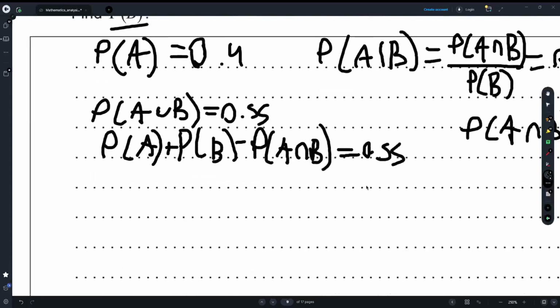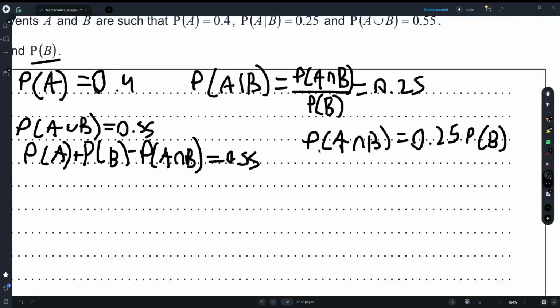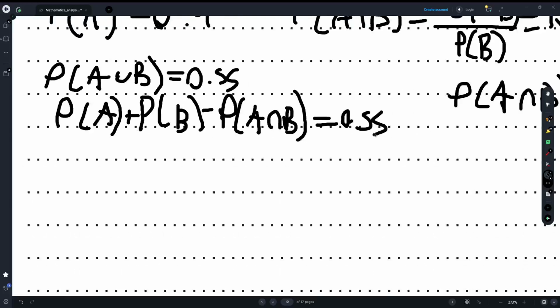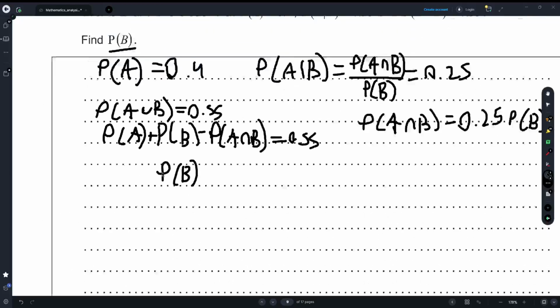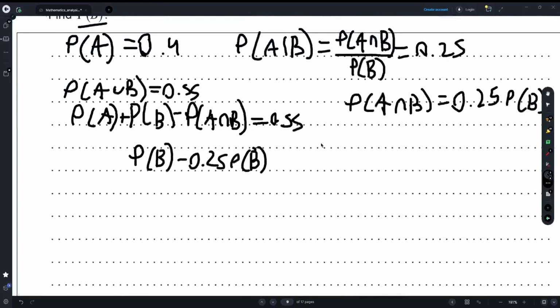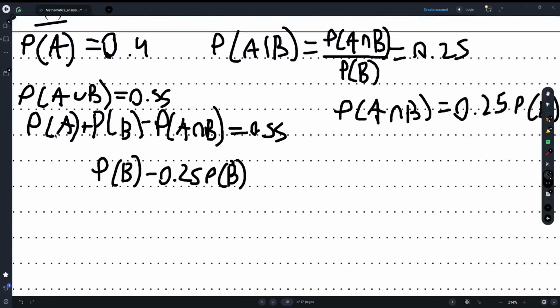We subtract P of A from both sides, so we get P of B minus 0.25 P of B, because P of A intersection B is the same as this. Since we subtracted 0.4 from both sides, this gets crossed out, and we get 0.15.